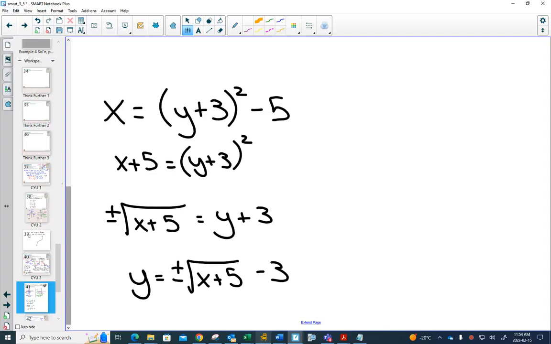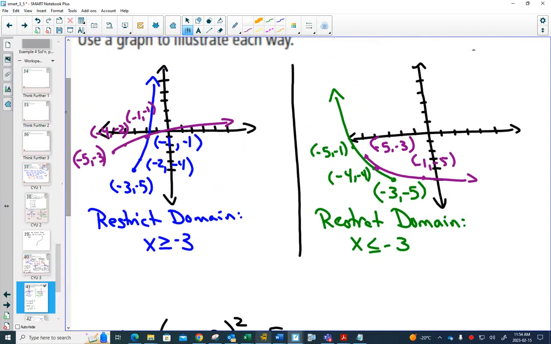So now we have to decide with our original equation which one should be the plus, which one should be the minus. That minus out front is your vertical reflection. So when looking at my purple graphs, you see that the second one had the vertical reflection because it's now going down. The first one did not. So when writing my inverse equation, this one will be the positive.